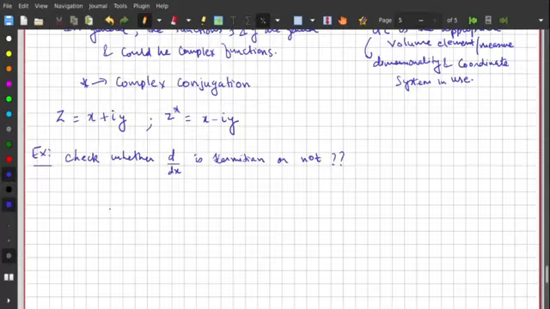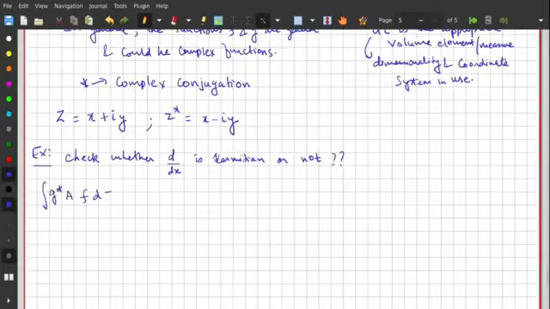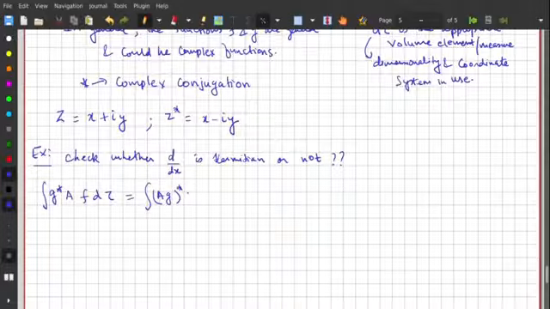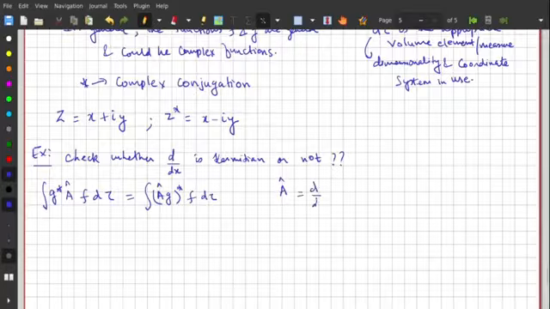Let's apply the definition of a Hermitian operator. The integral of g star A f d tau is the integral of A g, the whole complex conjugate, f d tau. And for our specific example here, A hat is the derivative operator d/dx. Okay, so let's see.